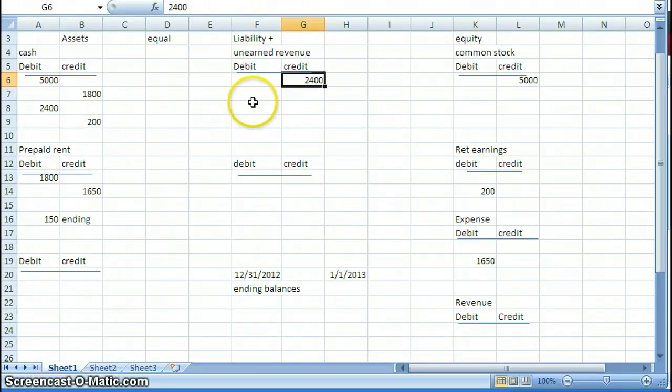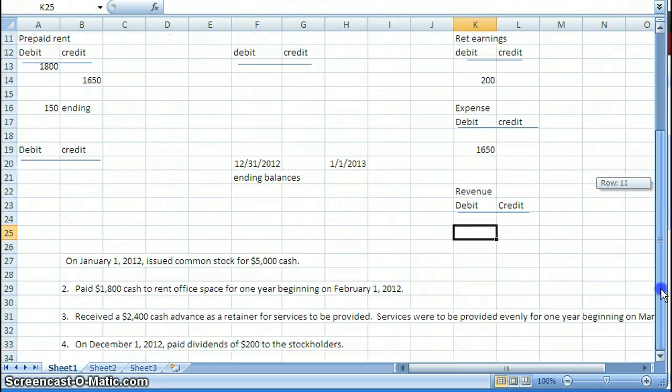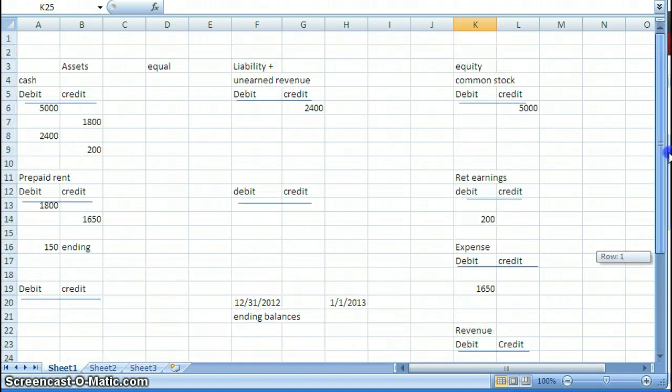You're going to decrease this amount, and then increase the revenue amount, just like what we did with the prepaid rent. And then the cash will stay the same because you've already gotten the cash in, but you're recognizing revenue throughout the year. So again, there's 10 months' worth of work in the year.